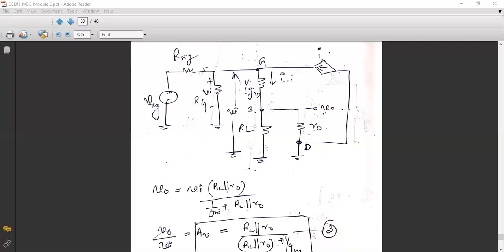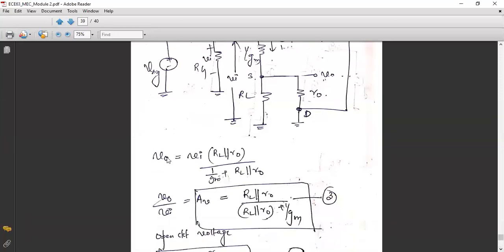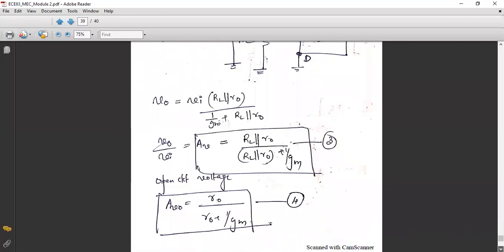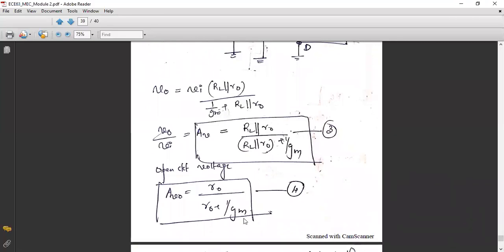So now we got the equation connecting V0 and Vi. But we are trying to find the gain equation. What is gain? Gain is nothing but output by input. Now from this Av, directly you can write the equation for Av0. What is Av0? The concept is the same. There is no change in concept. The concept of open circuit voltage gain is the same throughout in all configurations.